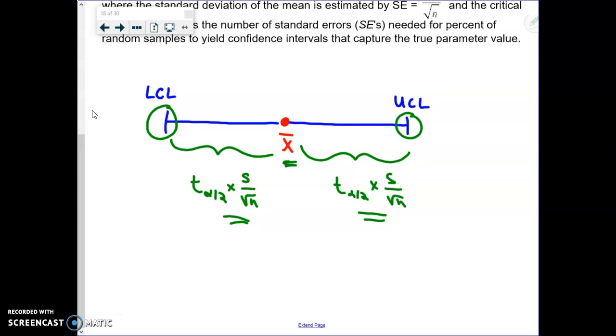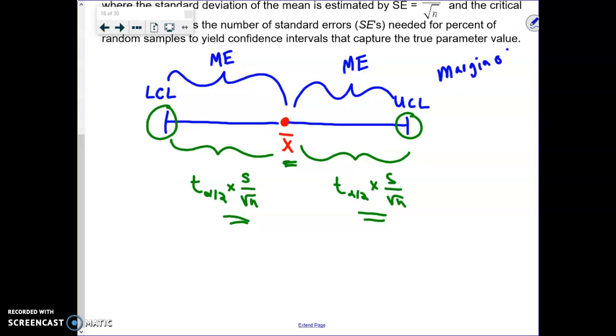The only other thing I want to tell you about is that this distance from each limit to the sample mean is also called the margin of error, and it's abbreviated ME.